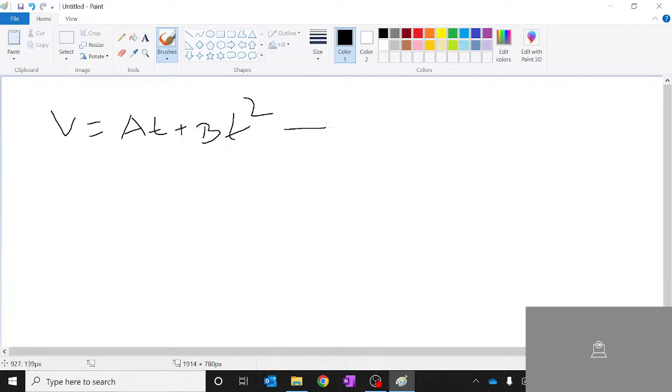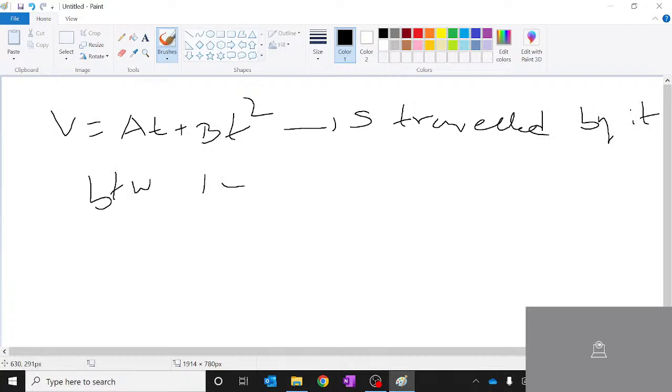Then you are supposed to find the distance traveled by it between the first second and the second second. You are supposed to find the distance traveled by it between 1 and 2 seconds.